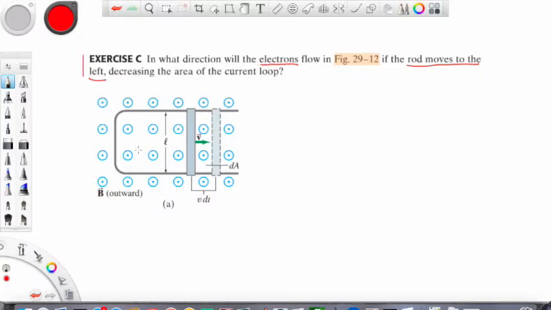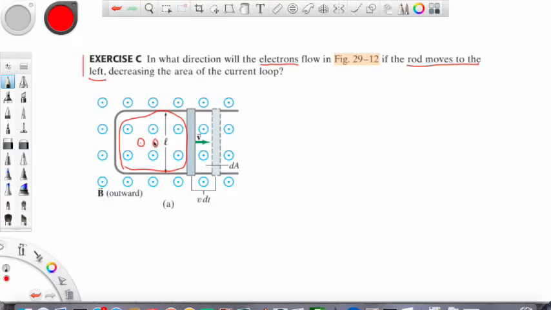Okay, so let's first think about the direction of the magnetic field. When the size of the loop is diminishing, it also means that the amount of flux is diminishing. So the loop will try to maintain the flux by increasing the strength of the magnetic field. So it will try to induce a magnetic field in the same direction.